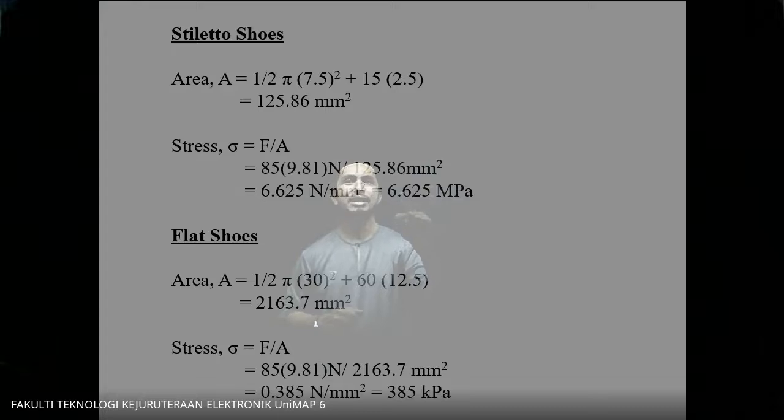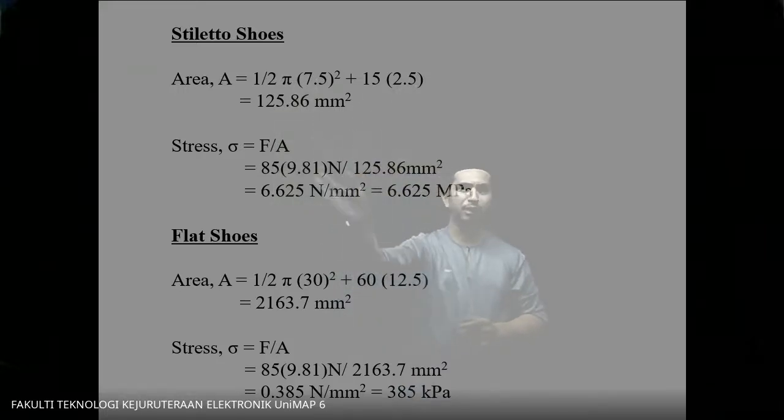Because it is 6.625 times 10 power of 6 Pascal. 10 kuasa 6 Pascal. So that's why we have megapascal. Mega is 10 power of 6, yeah? So make sure you convert earlier. This is in millimeter. This is also in millimeter. Then you will straight away get Newton per meter square at the end of the solutions.